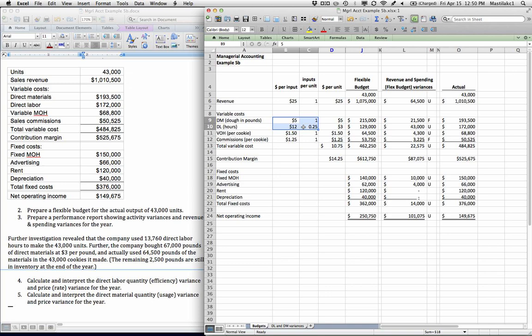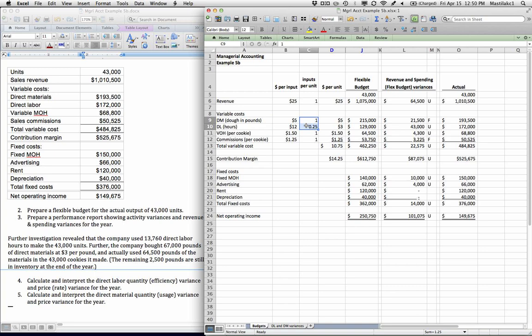And so what we do in chapter 11 of the Noreen text is we take these revenue and spending variances, or flex budget variances, and we split them apart into a price variance that's based on the price per our inputs. Did we spend more or less for our inputs than we should have?